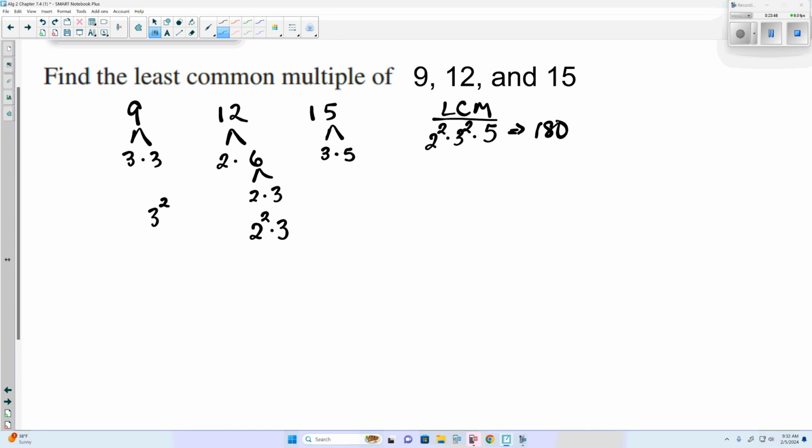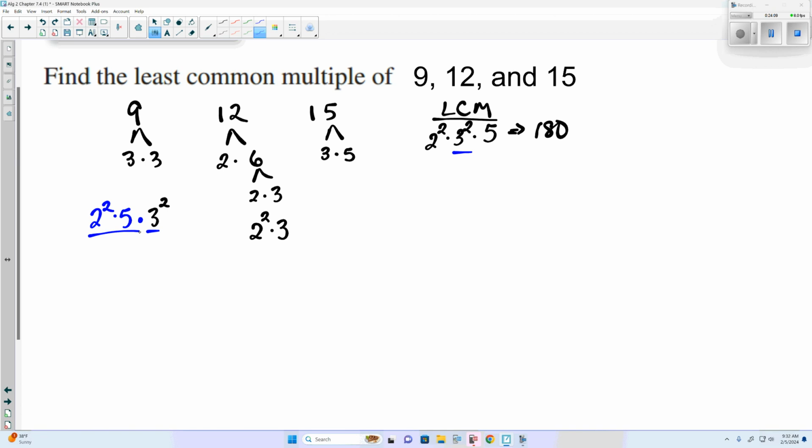So for the 9, well, we do have this 3 squared term, yes? What is it missing? Well, it's missing the 5 and the 2 squared. So to get those denominators to be the same, I'd have to multiply that fraction by our 5 and 2 squared, yes?